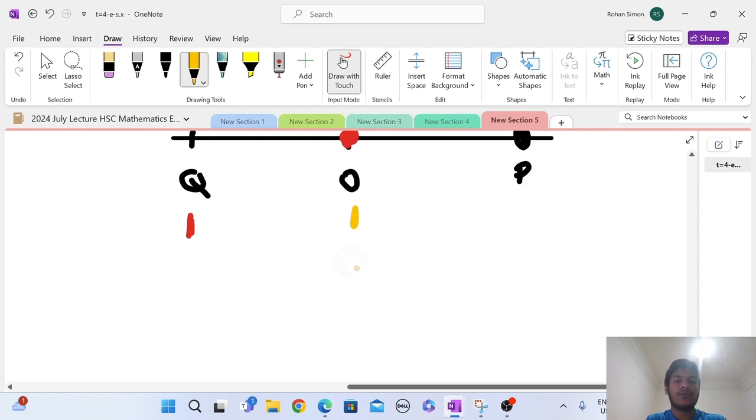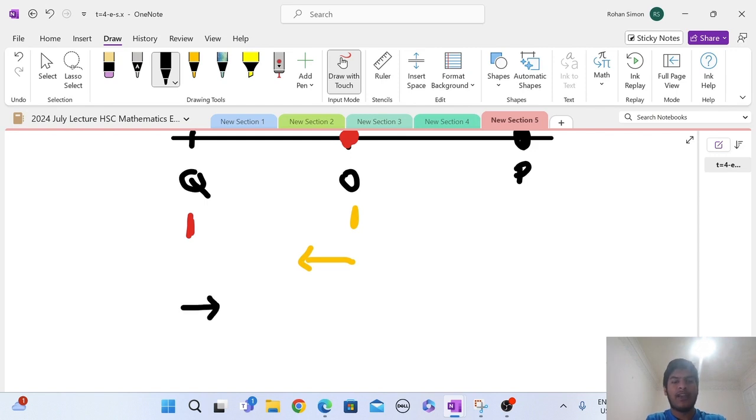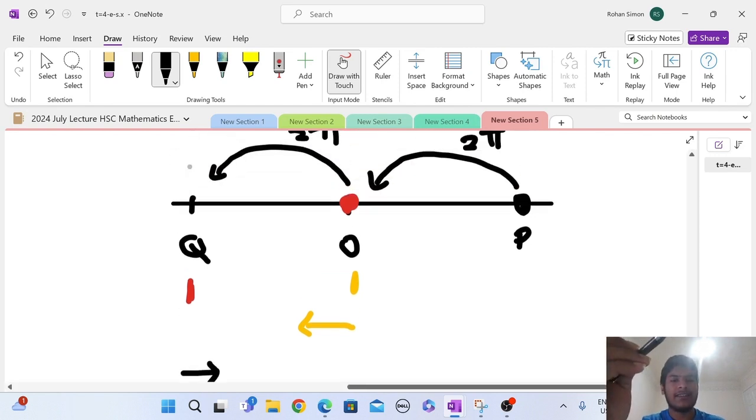But the second particle is still moving this way, and the first particle is still moving this way. And so they meet at the center.